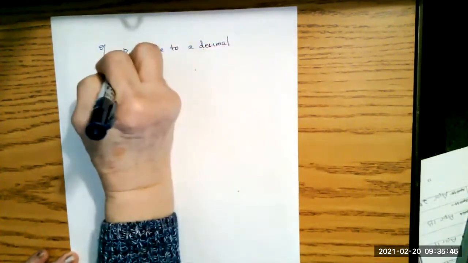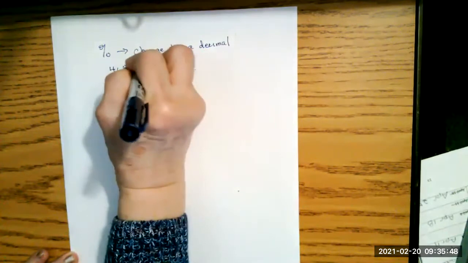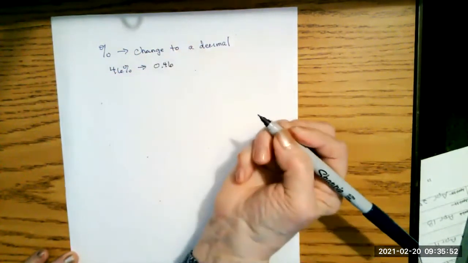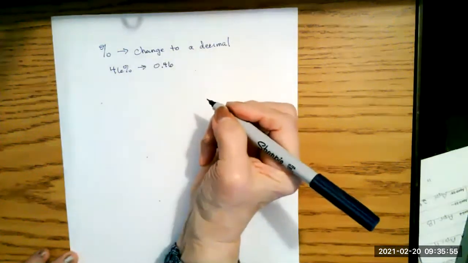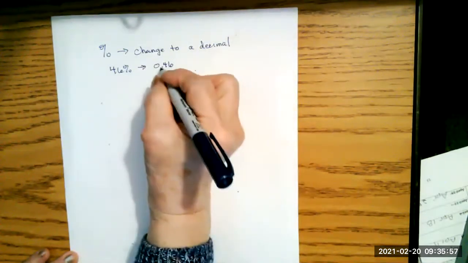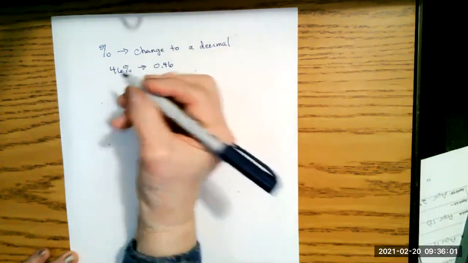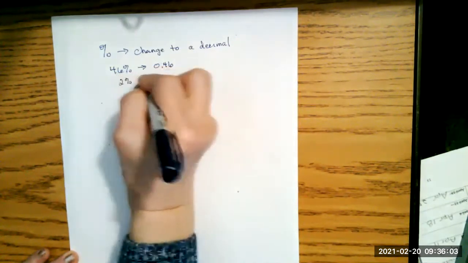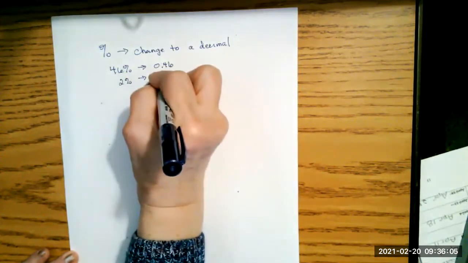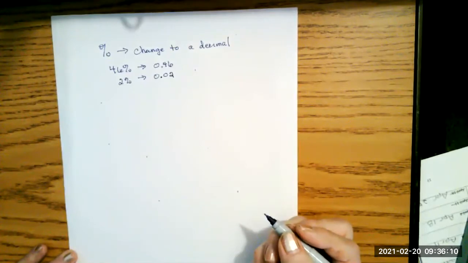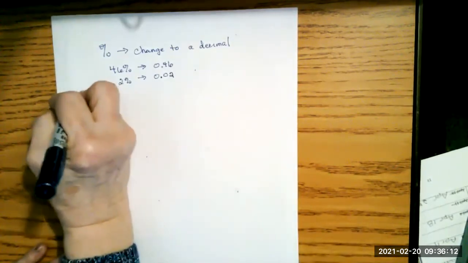So if you had 46%, you will want to change that to 0.46. Remember, percentage means hundredths, so it would be in the hundreds place. That's really 46 hundredths. 2% would be 0.02 as a decimal. You'll need to be able to do that. Let's look at some examples.